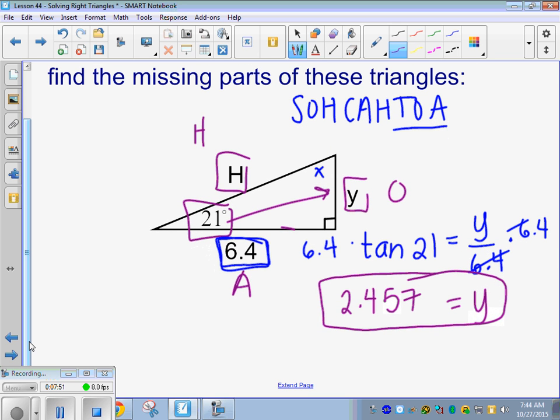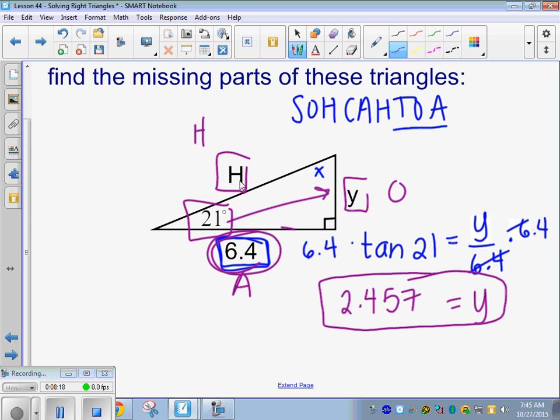All right, now we need to find the h side, the hypotenuse side. And we're going to go with what we know, which is this 6.4 again, using the 6.4 and the 21. So Dan, which trig function should we use to find h? Tangent would not get us the hypotenuse.